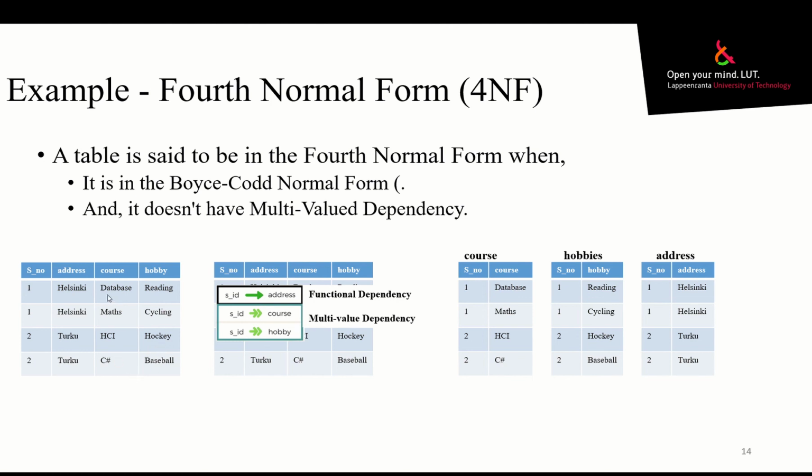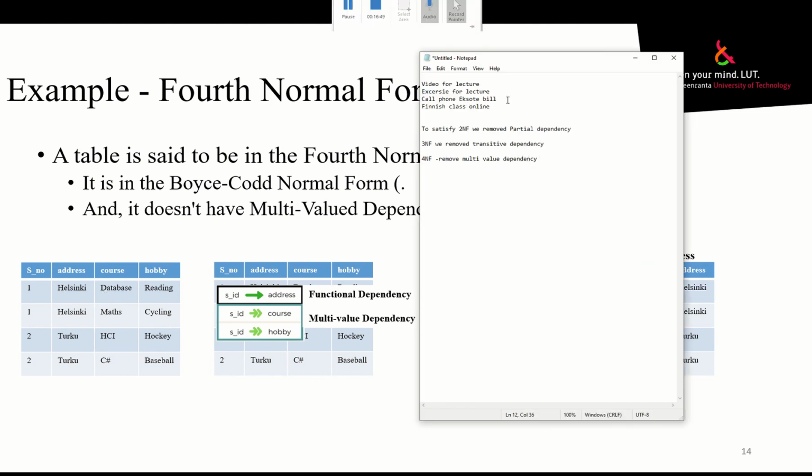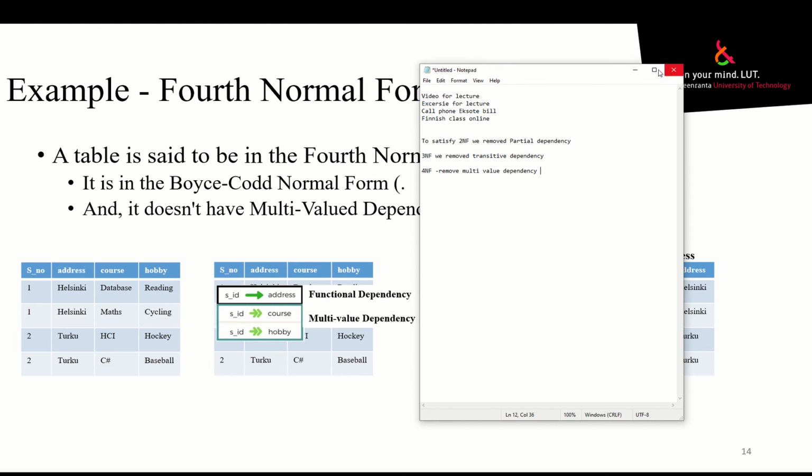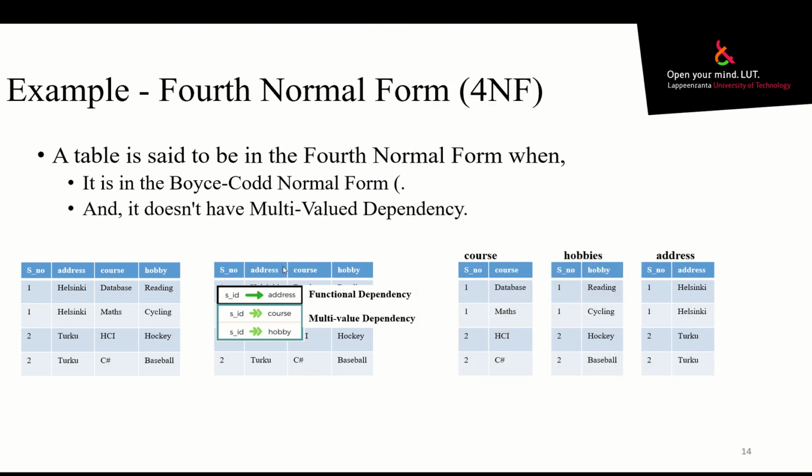Now one thing you should also note is that, as we said earlier, for a table to be in the fourth normal form, it must at least be in the Boyce-Codd normal form.